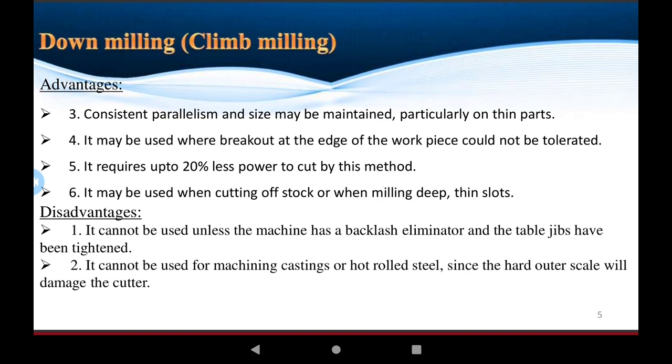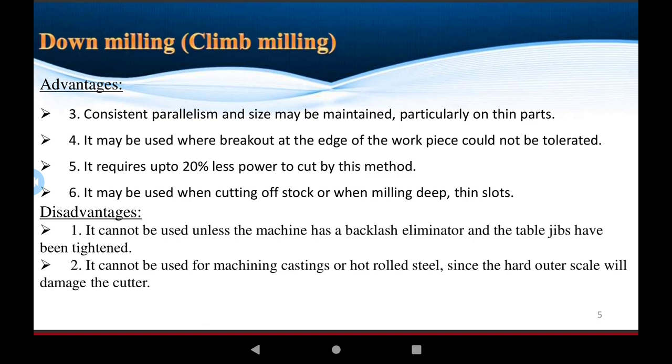In up milling operations, the movement of the table and the rotation of the tool are in opposite directions. In down milling operations, the rotary motion of the tool is clockwise and the table moves in the parallel direction, the same direction.